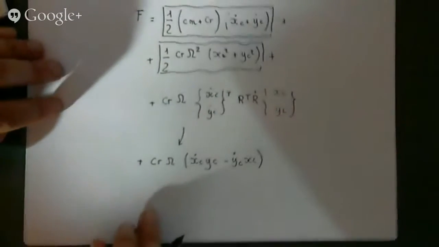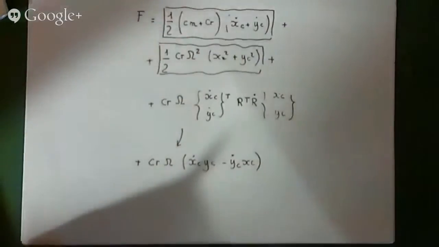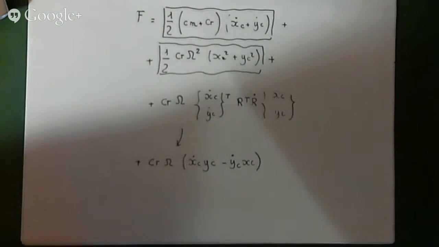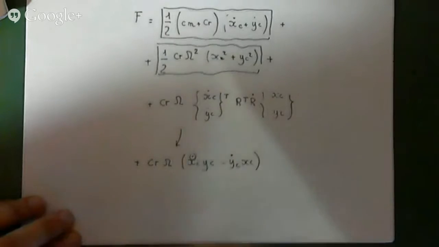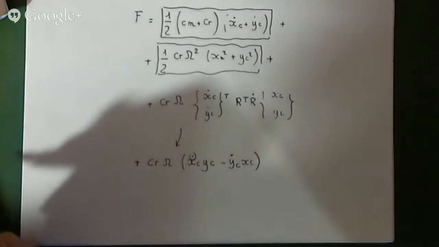So it's the product, in inverse order, of the two coordinates, one with a point and the other without a point.